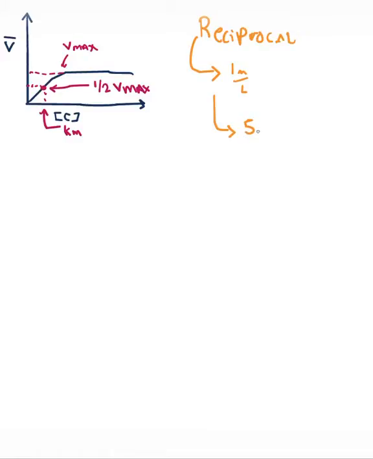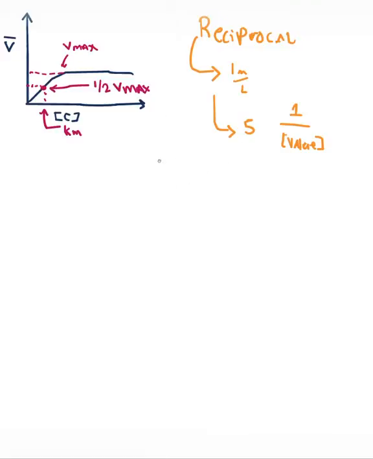Instead of documenting it as 5 actual units, what we will do is take 1 divided by the value. 1 divided by whatever the value is, okay?